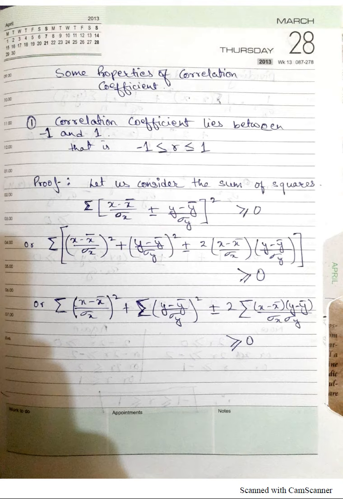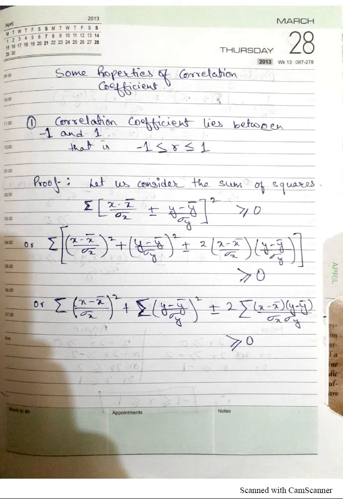If the two variables are uncorrelated or there is zero correlation, then the value of r will be 0. And if two variables are perfectly related to each other, then the value of correlation coefficient will be 1. That means the two variables are perfectly positively correlated. And if the two variables are just positively correlated, then the value of the correlation coefficient will lie between 0 and +1.